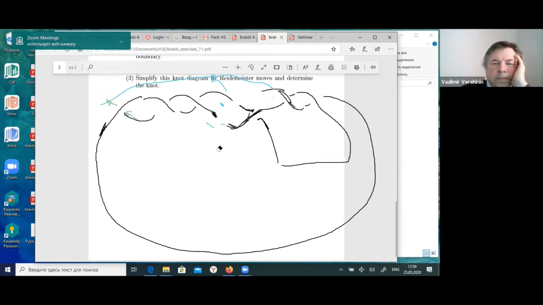So look, we have this stuff, and now we can erase this thing because it is overcrossing. Use again second Reidemeister. Yes.